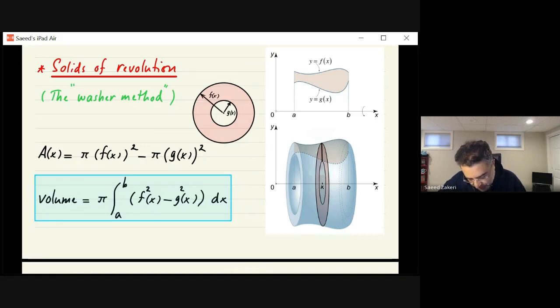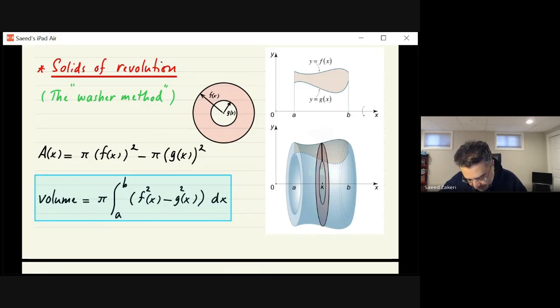When you do the washer method, basically what you have to do is look at the cross section. In this case, it's a ring or washer, and look at the outer radius and the inner radius, and then using that you can find the area of the cross section, and then you use the general formula.